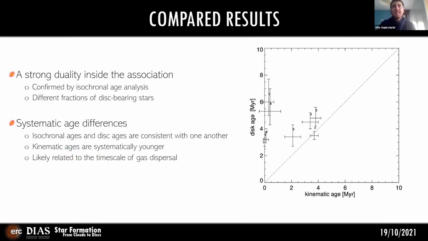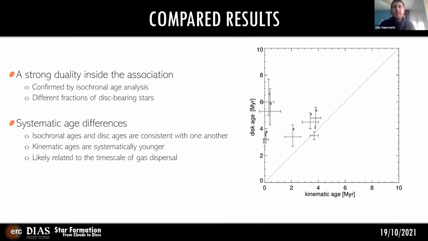The problem is that we tried to compute the ages also in a kinematic way, that is using the moment of maximum spatial coherence as an age estimate itself for each subgroup. But we saw that the kinematic age derived in this way is always an underestimate compared with the disk age and the isochronal ages.